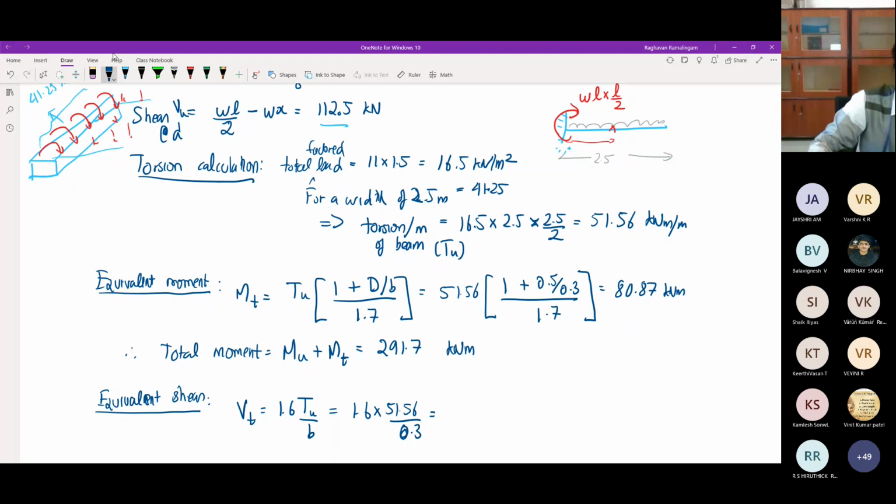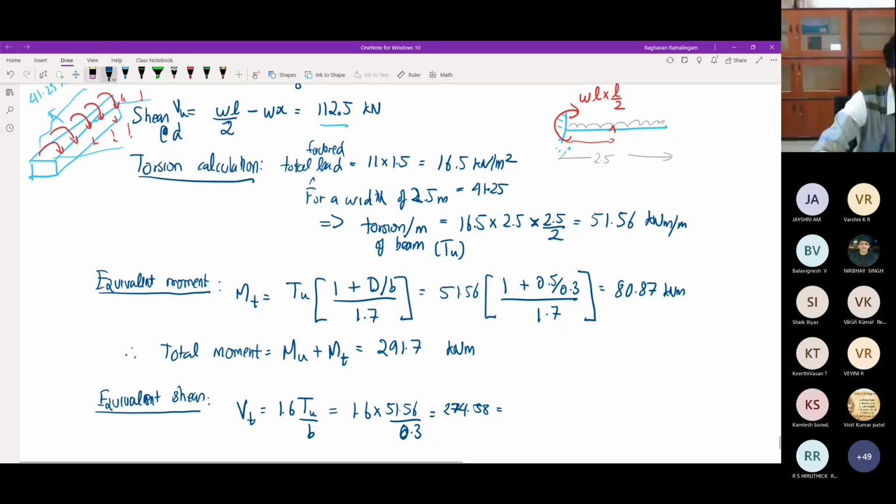Okay, and Vt? You'll get a relatively big number, I suppose. 274.98. Quite a big share.